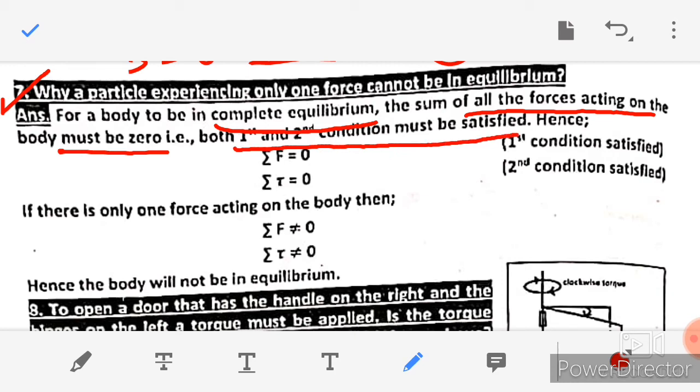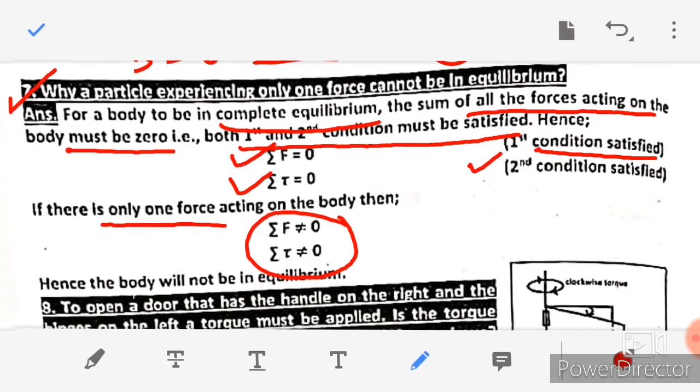Hence, the summation of all the forces acting together is equal to 0. This is the first condition of equilibrium. The second condition is that the sum of all the torques acting together is equal to 0. If there is only one force acting on a body, then the first condition and the second condition are not satisfied, so the body will not be in equilibrium.